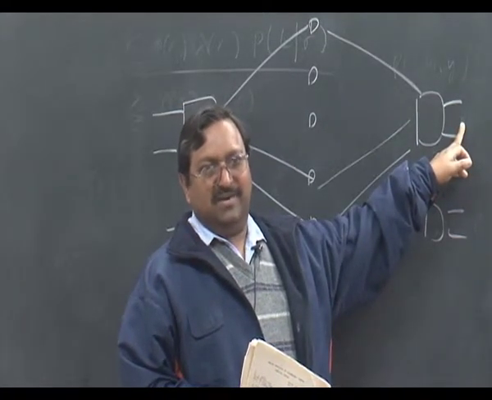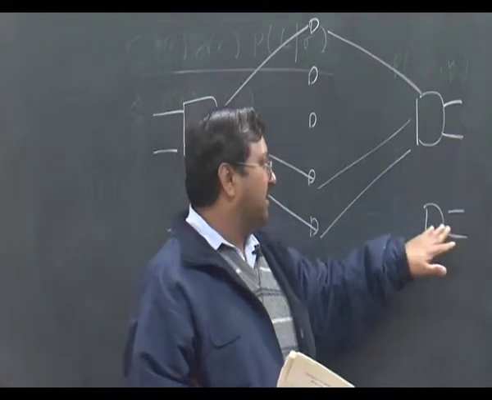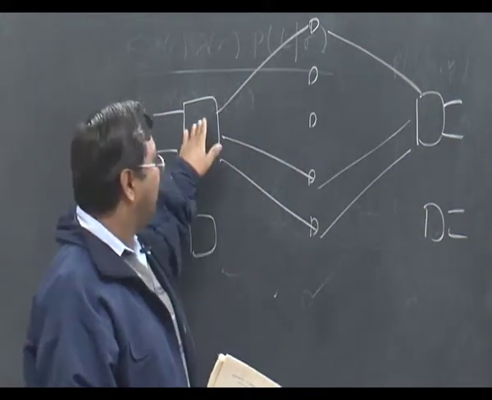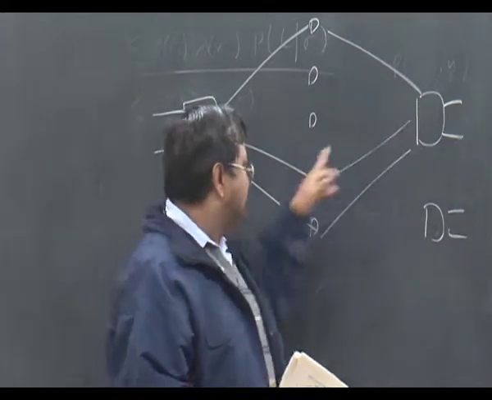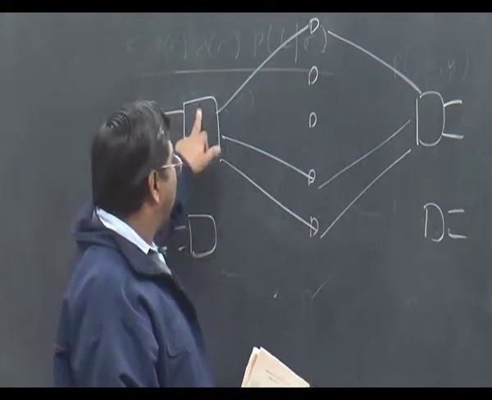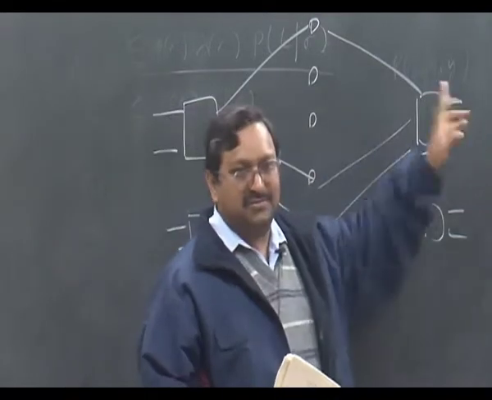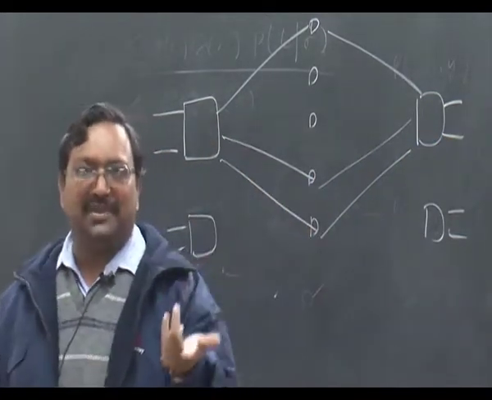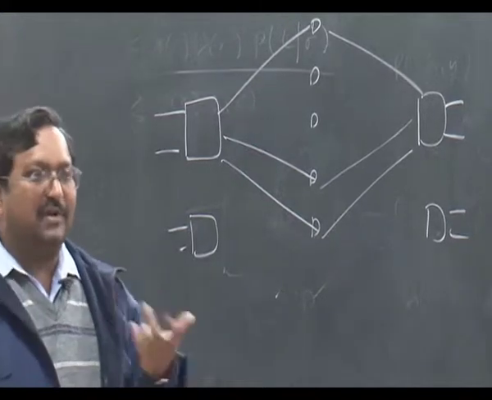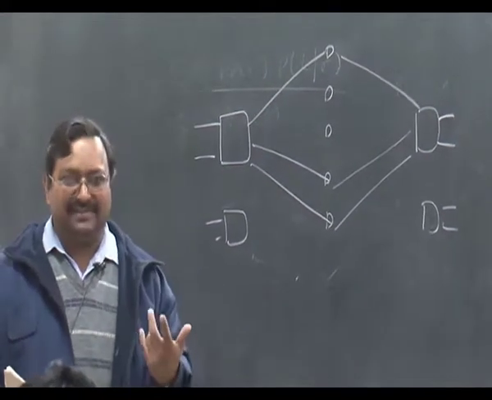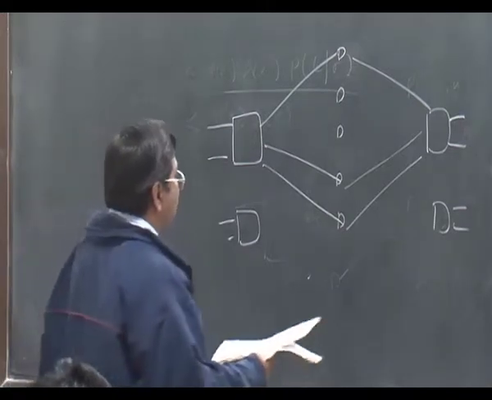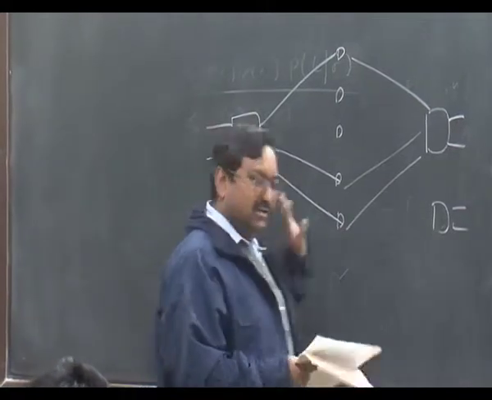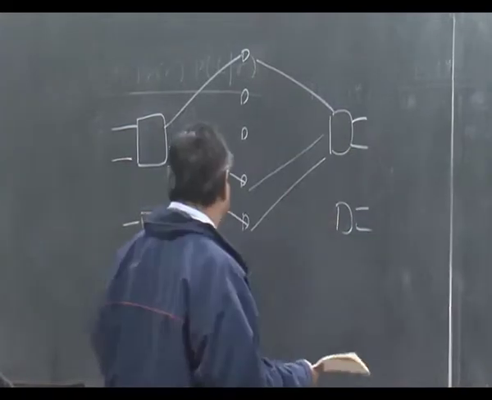That is extremely important. I can set a path between this and this independently of this and this. At least either the input or output switch has to be common for blocking to happen, or for interference in setting up the path. So in fact, I need not look into this, that is very generic, I think you should be able to appreciate that.